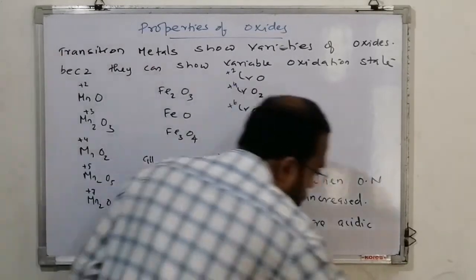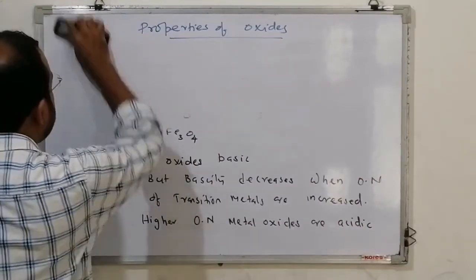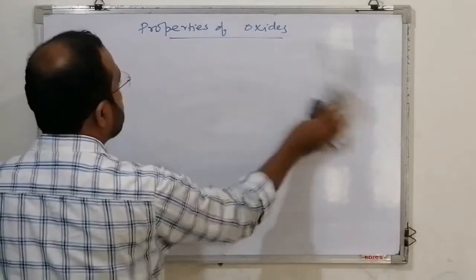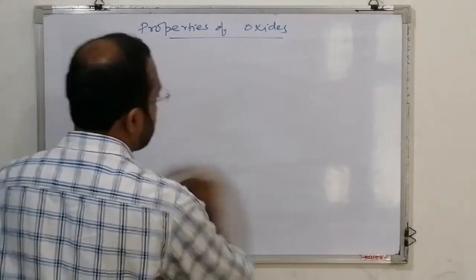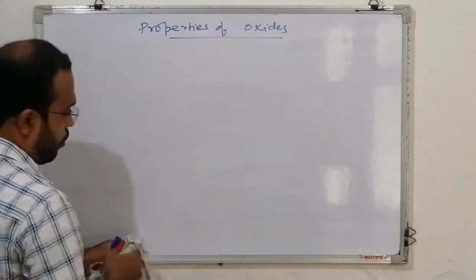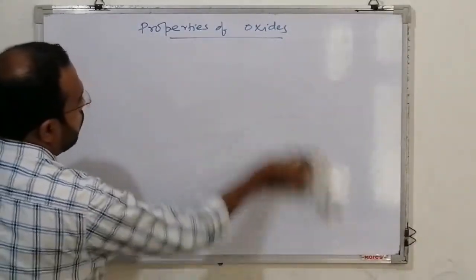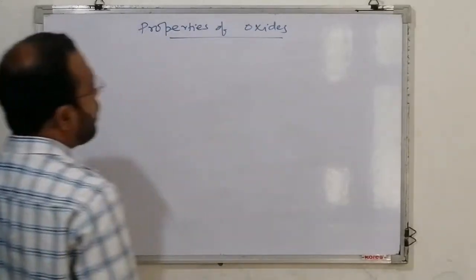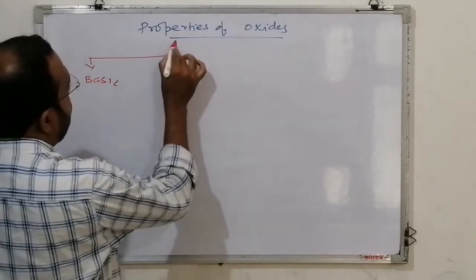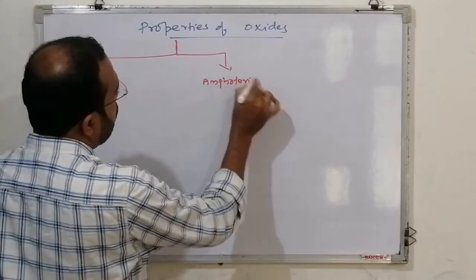Therefore, transition metal oxides are generally classified as basic, amphoteric, and acidic.